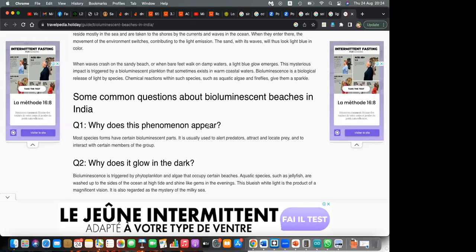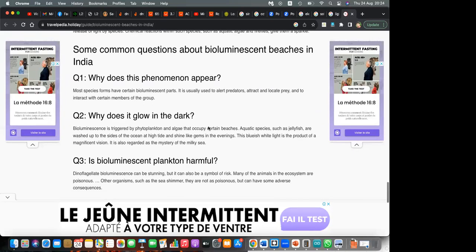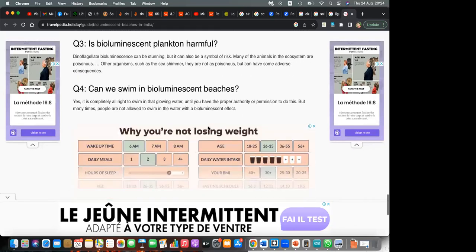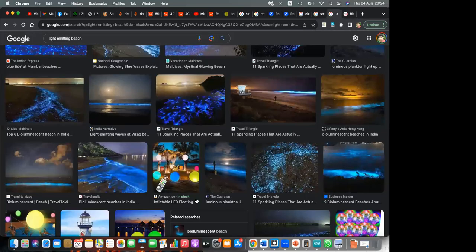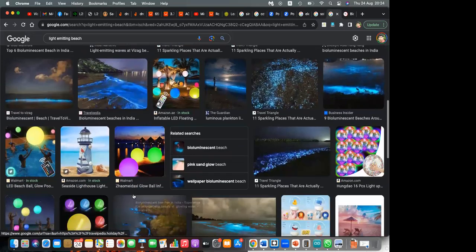So there can be many reasons. Sometimes these ecosystems can be poisonous as well, harmful, but normally in certain cases it's not that much.